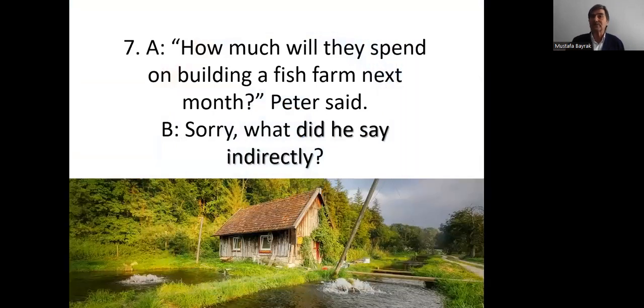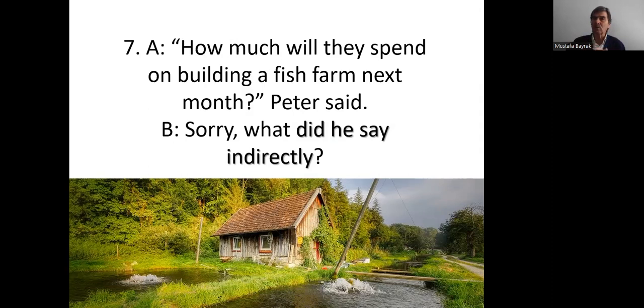Now, 7. How much will they spend on building a fish farm next month? Peter said. Sorry, what did he say indirectly? Again, although he asks with the verb say, we try to find a verb according to the situation.